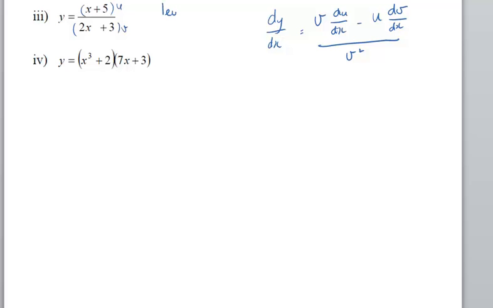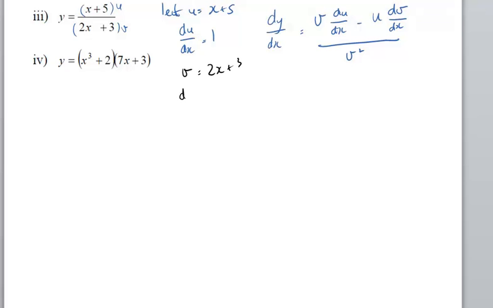So we're saying let u equal x plus 5, so then du on dx is therefore just equal to 1. And here we'll say v here is equal to 2x plus 3.